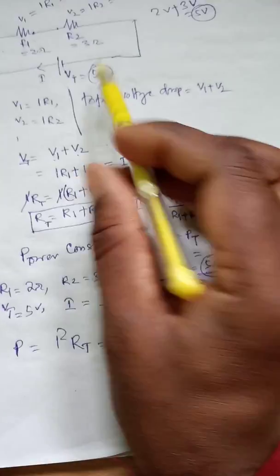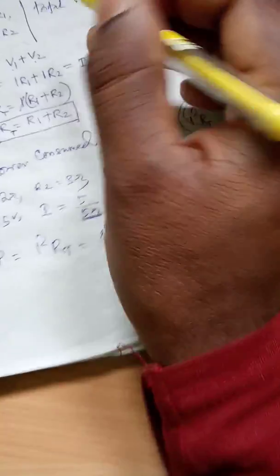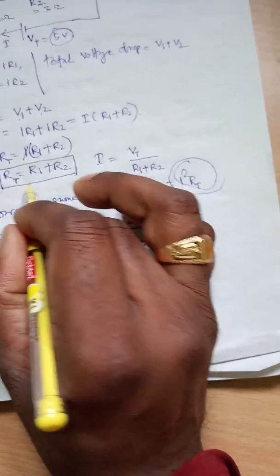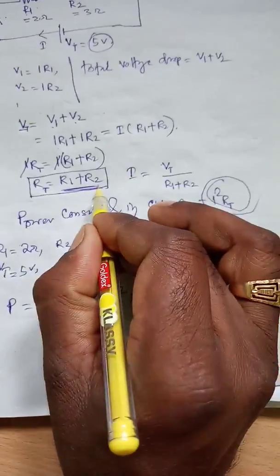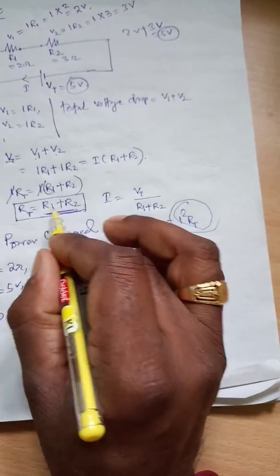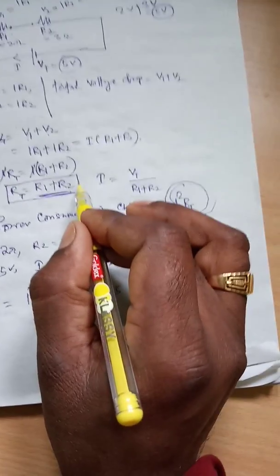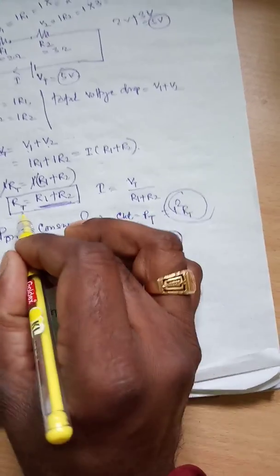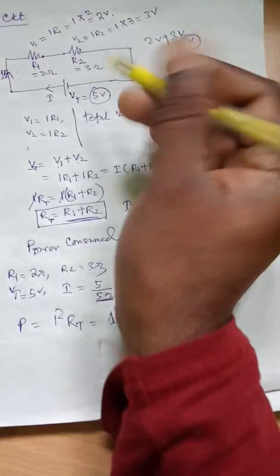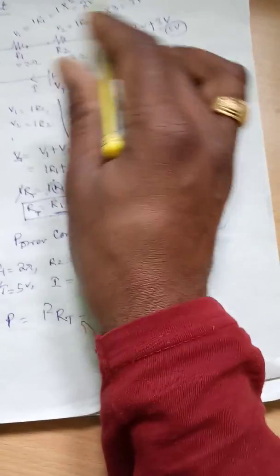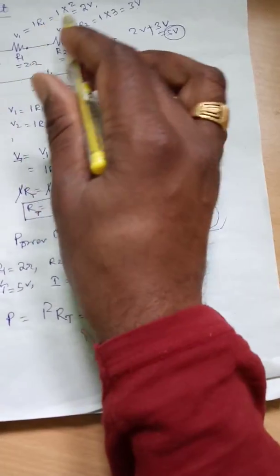But in a series circuit, the total resistance is additive in nature. This is the total resistance, RT is equal to R1 plus R2. But here the current I remains constant and the voltage drops are different.